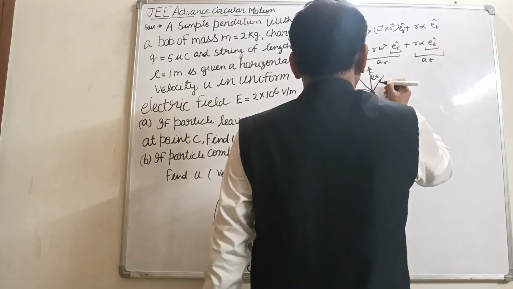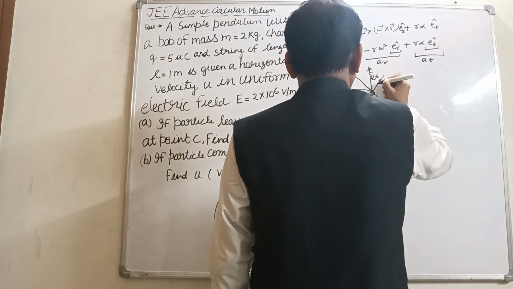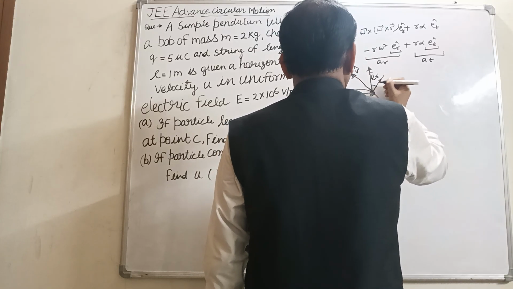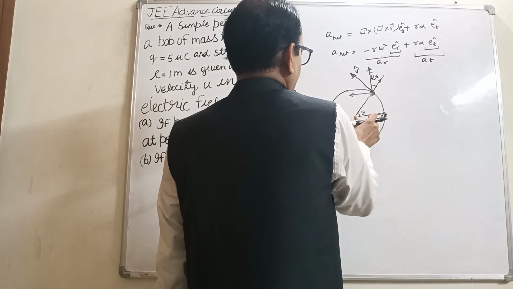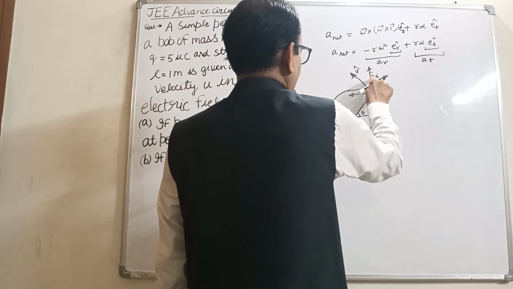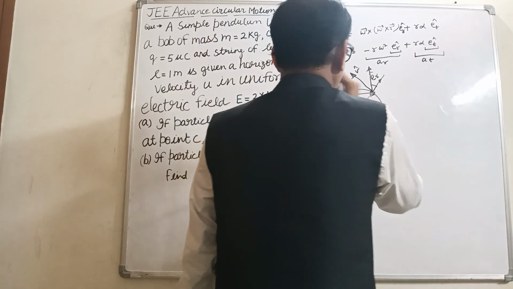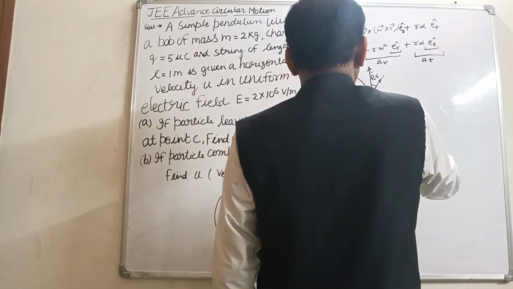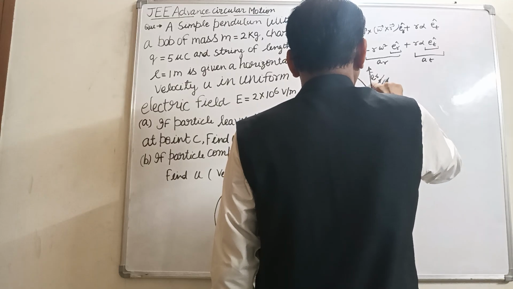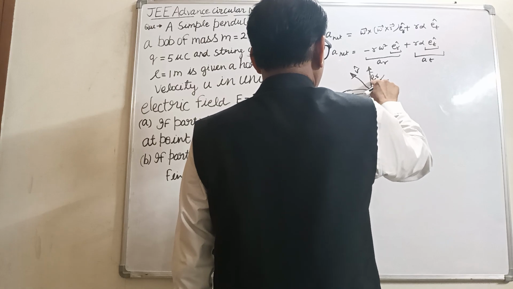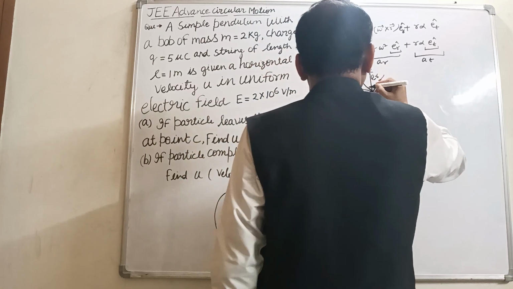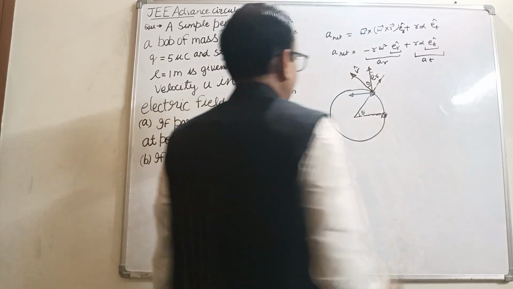So consider the angle between the radial vector and this line. This line is perpendicular to this, and this line is perpendicular to this. This angle is also theta.